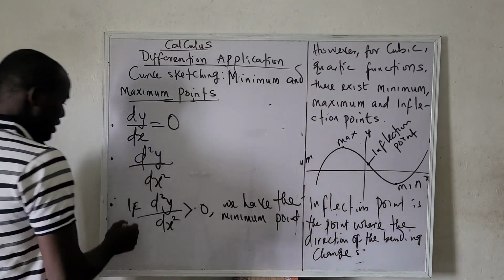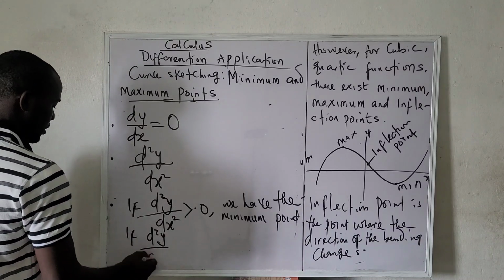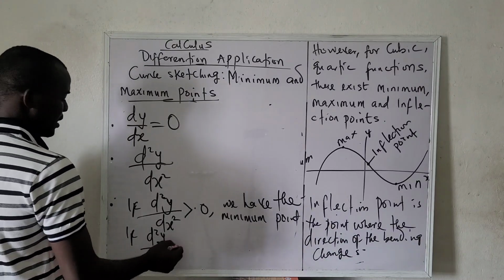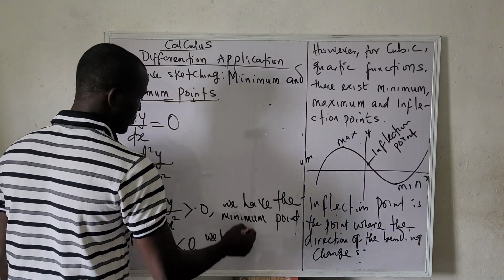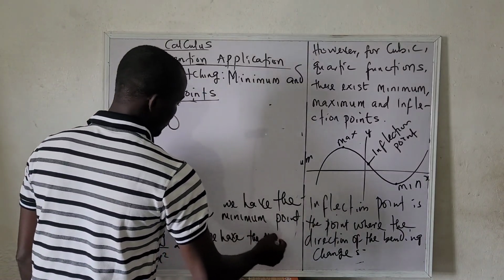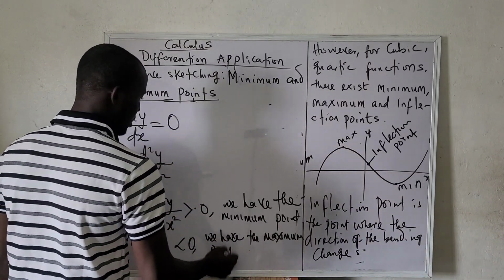Now, if the second derivative is less than 0, we have the maximum point.